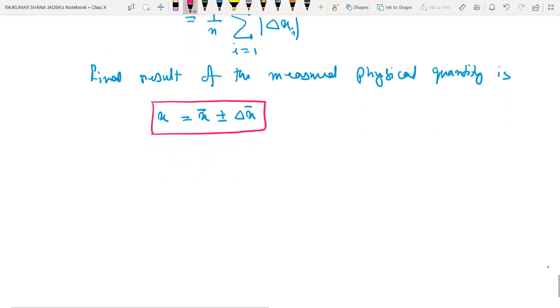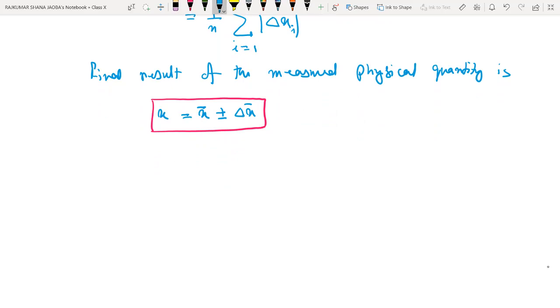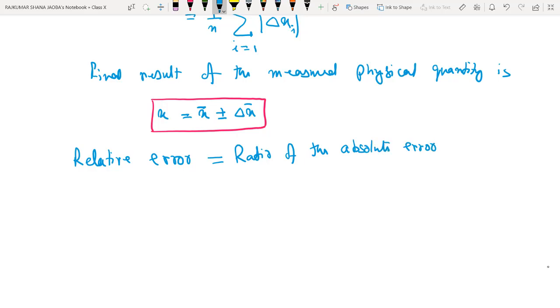Now we can express also relative error. Relative error is the ratio of the absolute error to the true value of the physical quantity.